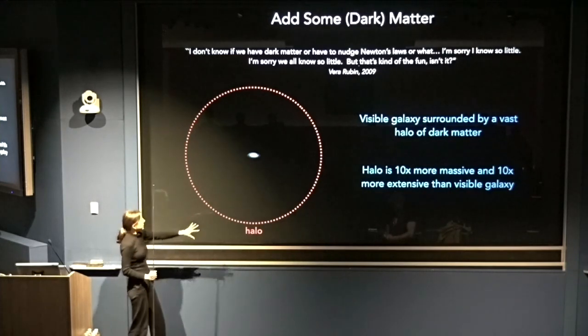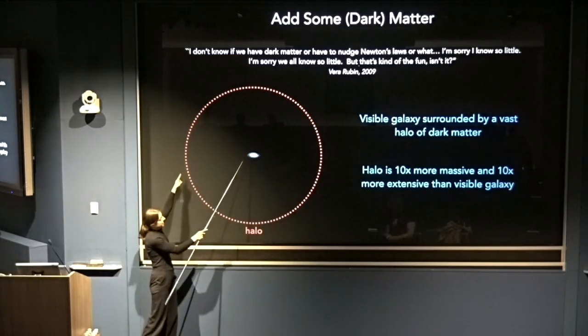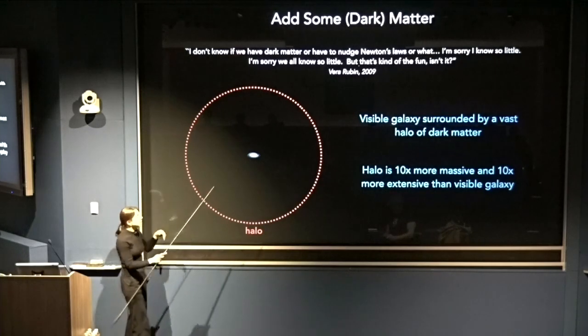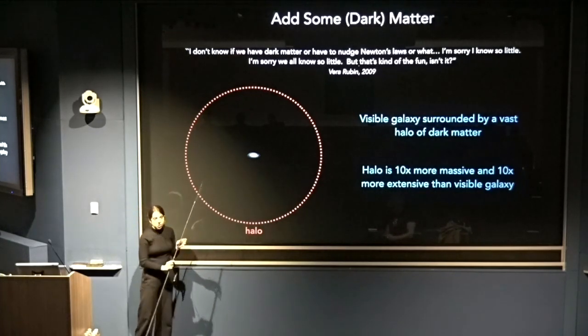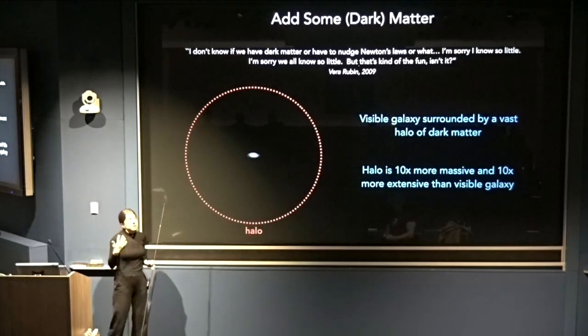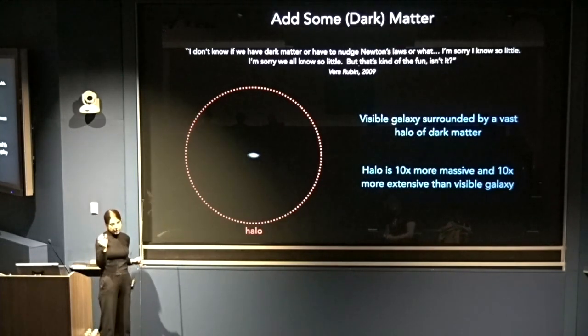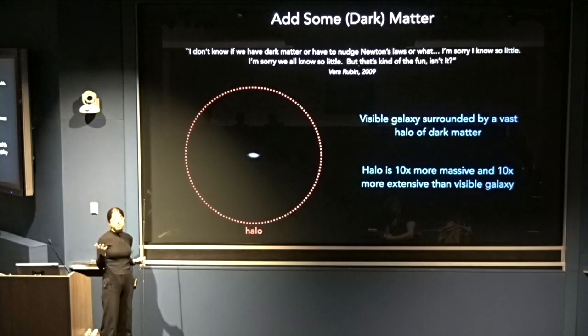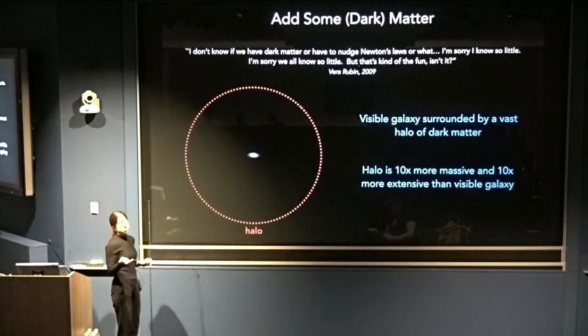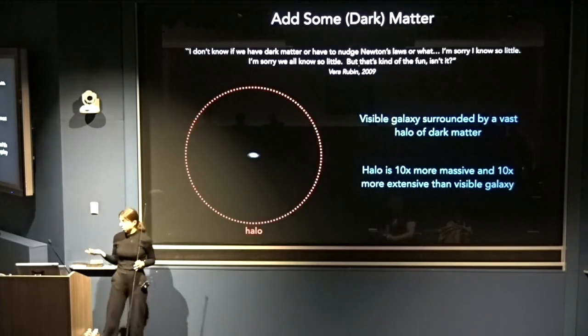And the spatial extent is about 10 times as large as the visible part of the galaxy. So when we think of a galaxy, we think of a rotating stellar disk, that's really just a tiny little speck, we believe, of all that's actually there. And the vast majority of what's there, we can't see at all.